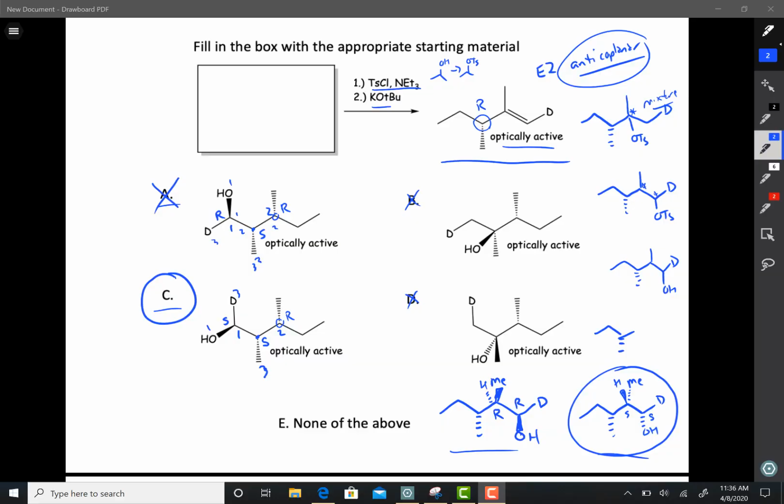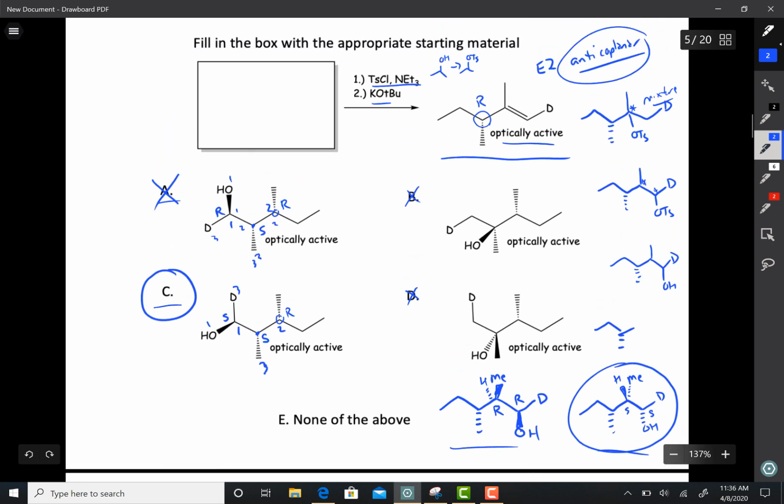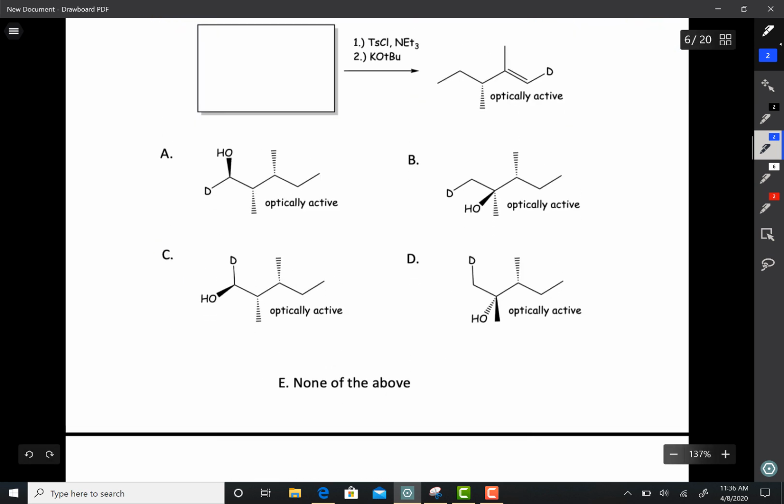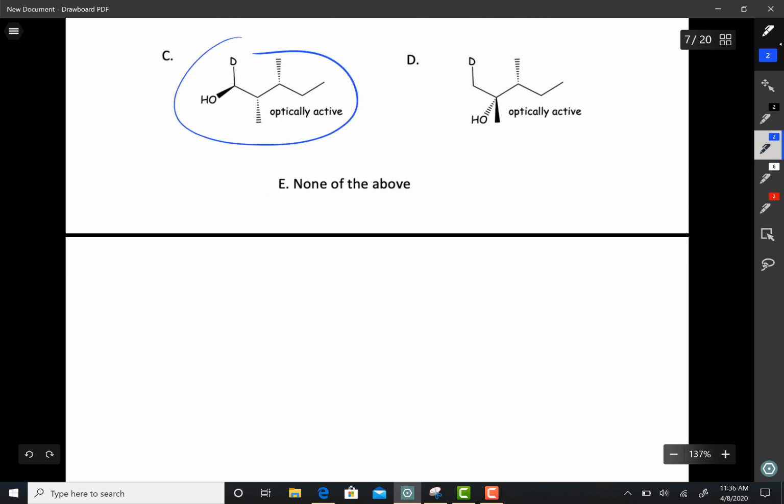Now, a way of double checking just to be sure is you can plug the material into this equation to see if it actually works out. So that's this molecule here. OH, D, tosyl chloride, triethylamine, makes this an OTs, and doesn't affect the stereochemistry.